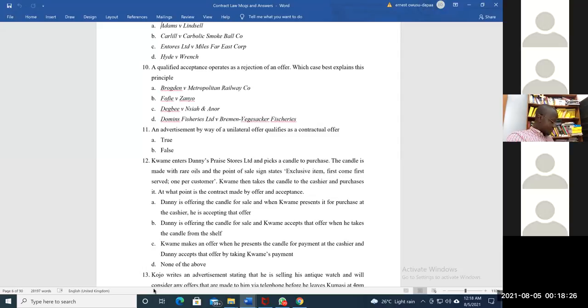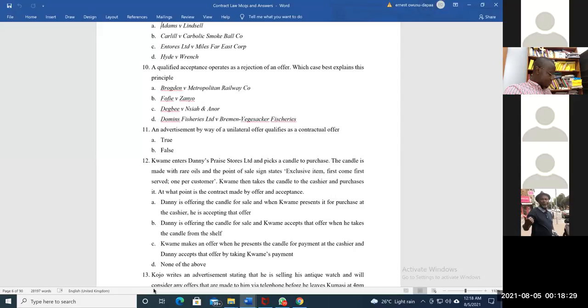If I remember clearly, in Hyde versus Wrench, a person was selling a farm. He was first made an offer to purchase and he said he accepted, but he was asking for a reduction in price, and the court said that a qualified acceptance is invalid, and so I think that is the principle in that case.